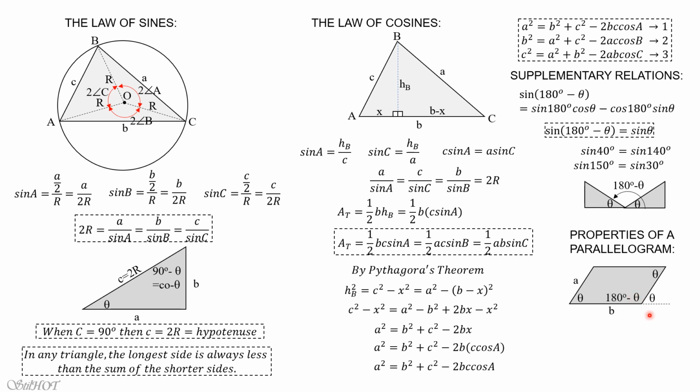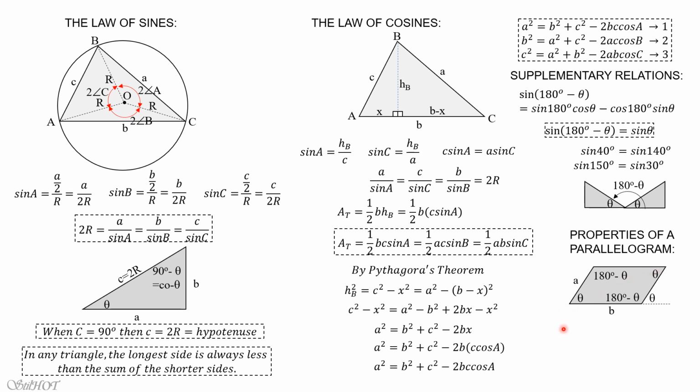So that means that opposite angles are equal, adjacent angles are supplementary. In other words, the sum of these adjacent interior angles is equal to 180 degrees. And since opposite angles are equal, this is also 180 degrees minus theta. And this is the longer diagonal.